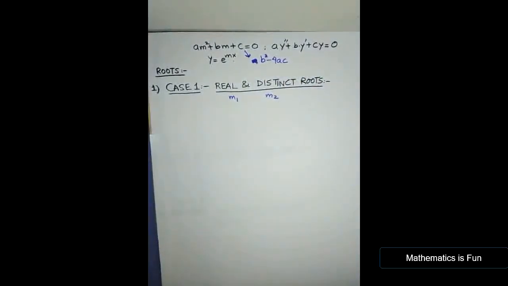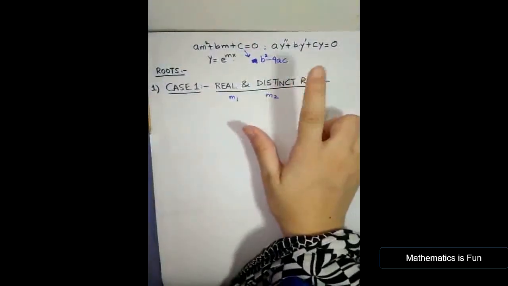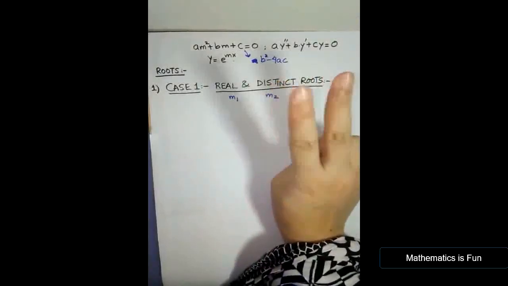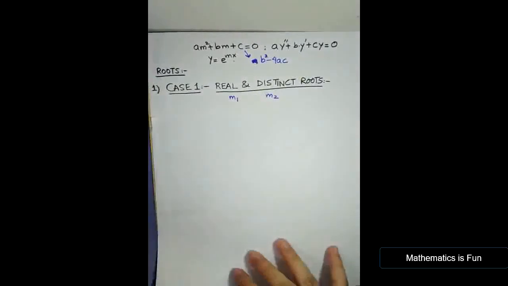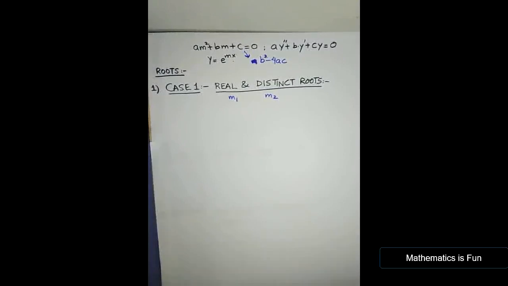So case 1 is, because it's a second order differential equation, we have two roots, one is m1 and the other is m2. Case number 1 is that if the roots are real and distinct. Real means real number.